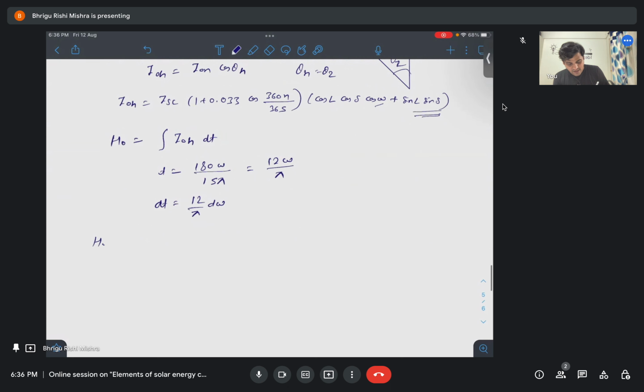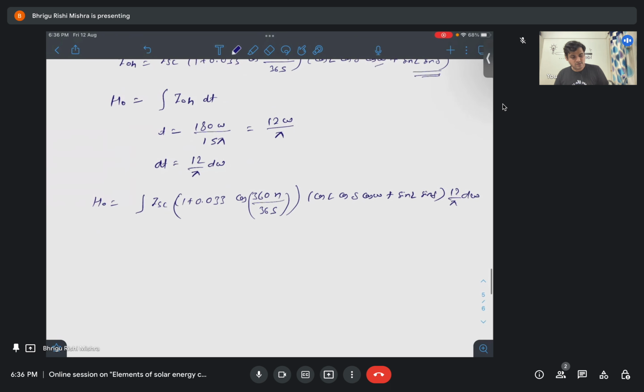So you can write H naught as the integration of I_SC (1 + 0.033 cos(360n/365)) (cos L cos delta cos omega + sin L sin delta), and now dt is 12 pi by d omega.